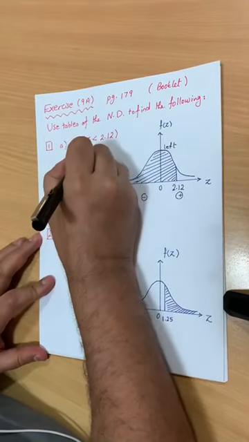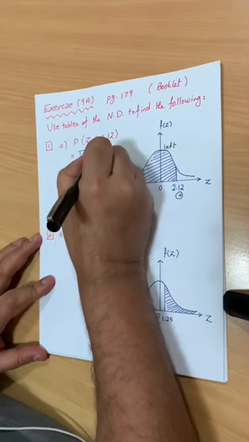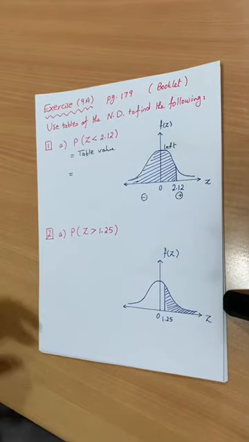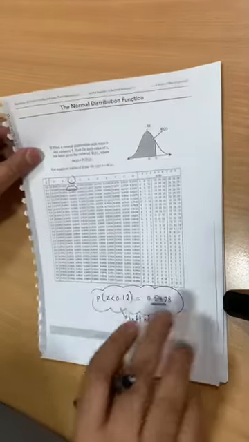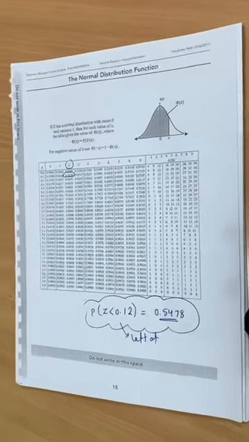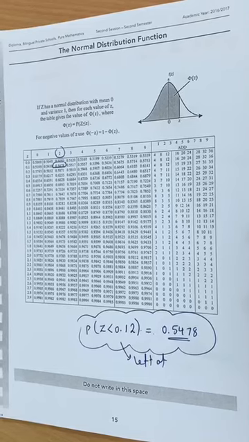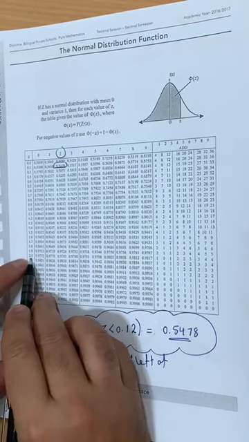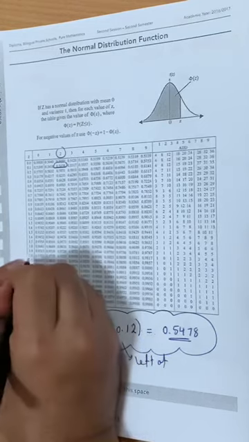So it's equal to the table value. So we have to check the table value. We have to check 2.12. How are you going to find 2.12? We have to look at the 2.0. This is 2.0.